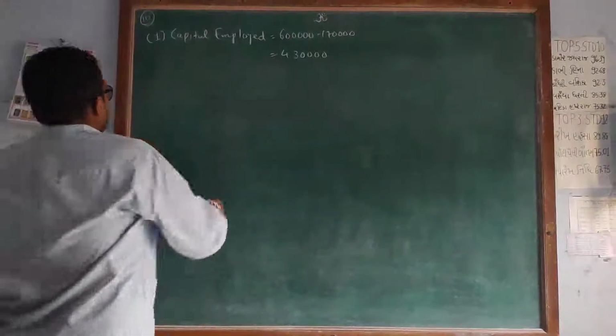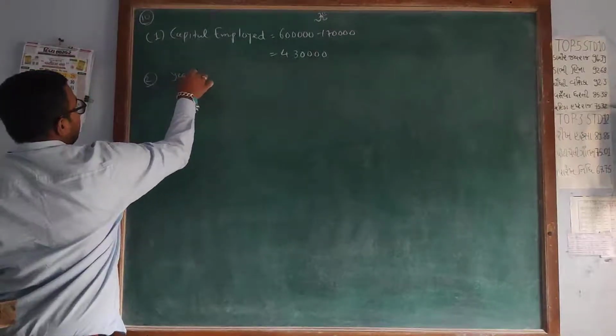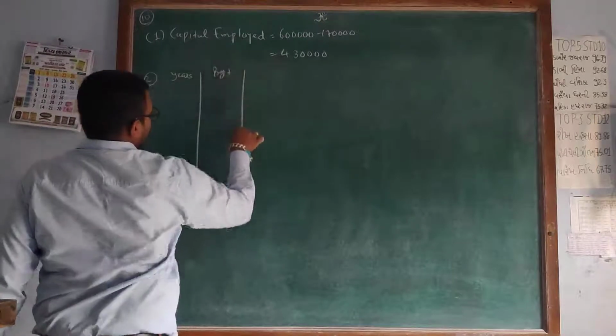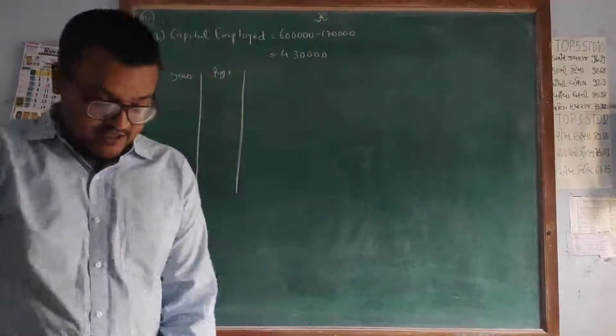Second step, average profit. The profits are given. First we have to decide which method we have to use.